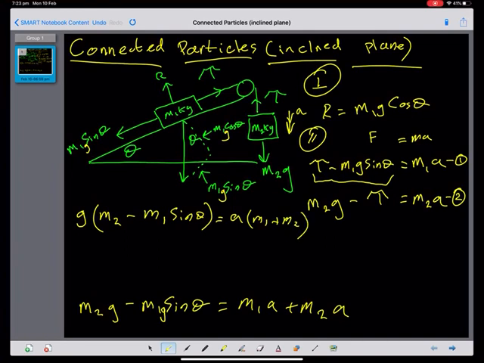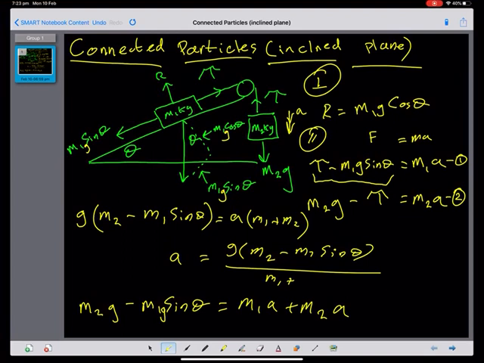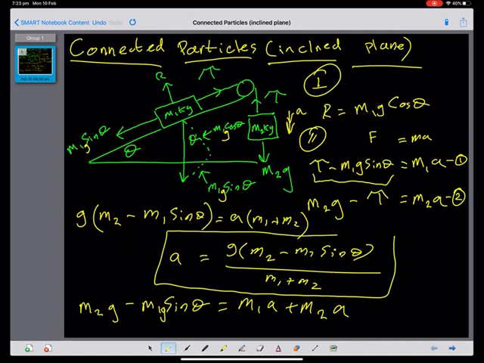Let's divide both sides by m1 plus m2. Then we're left with g(m2 minus m1 sine theta) all over m1 plus m2, and that is what we're asked to find.